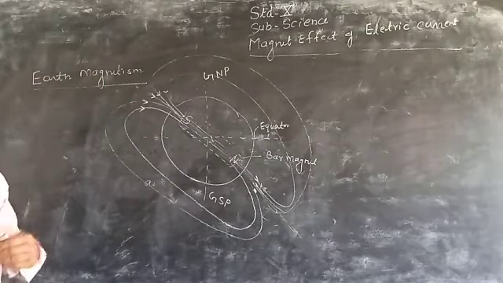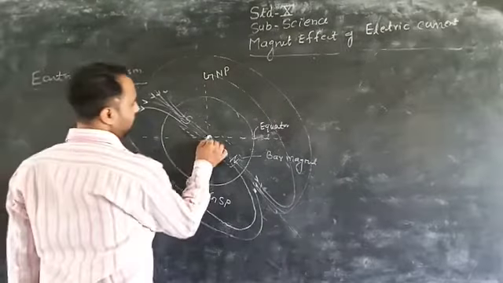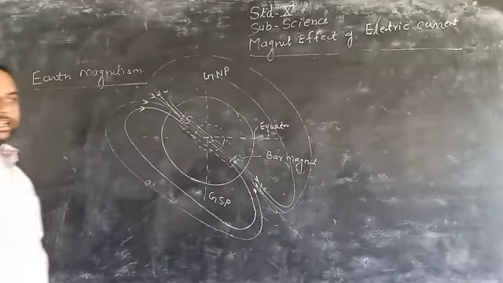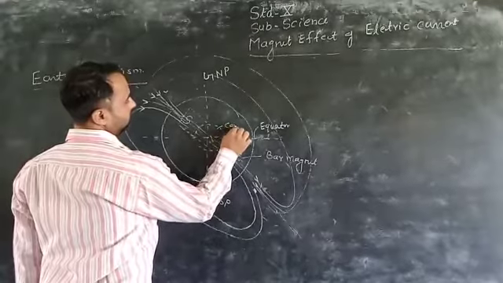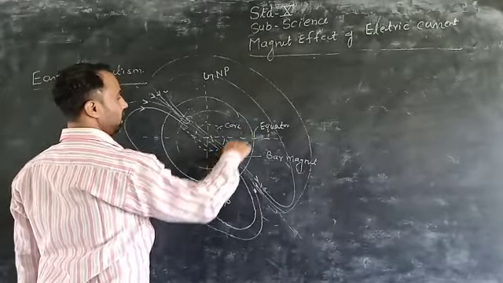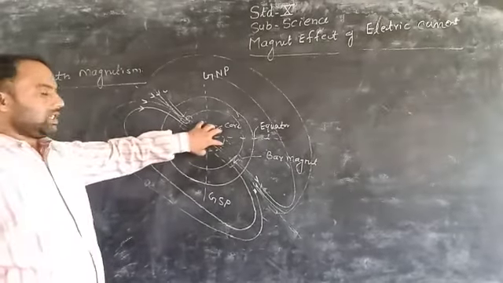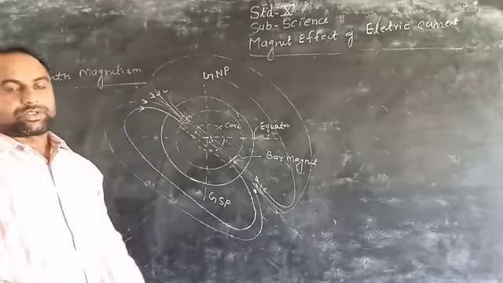We have to know the reason behind earth magnetism. So here the earth contains three regions. The first region is called the core, then the mantle, and after that the crust.